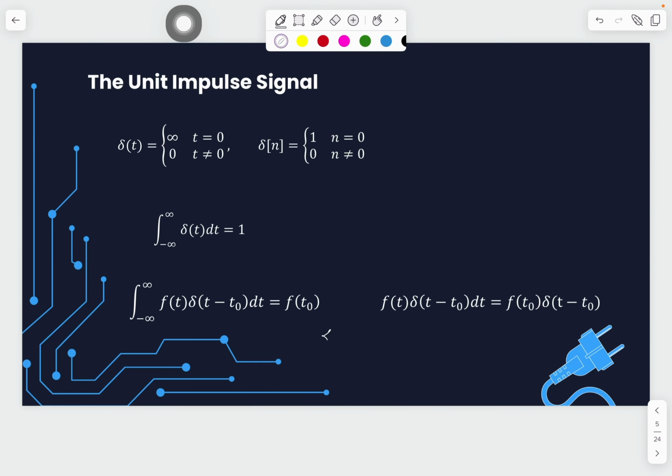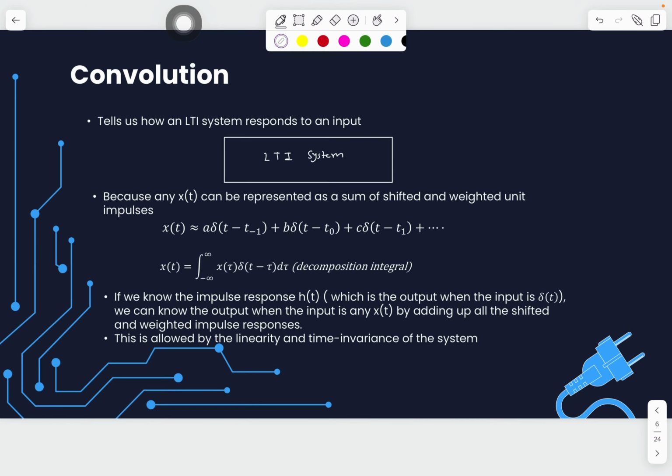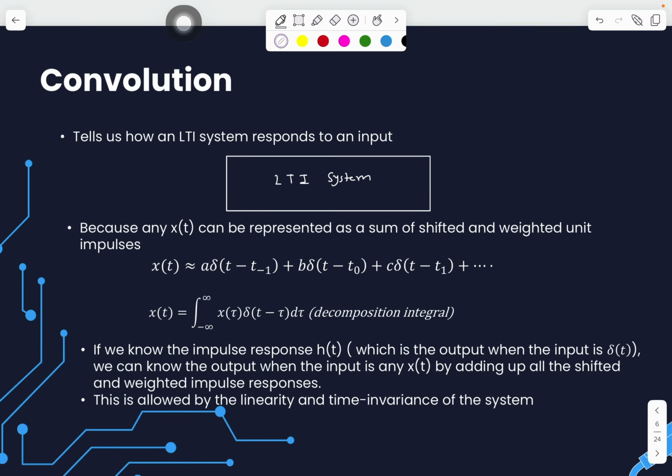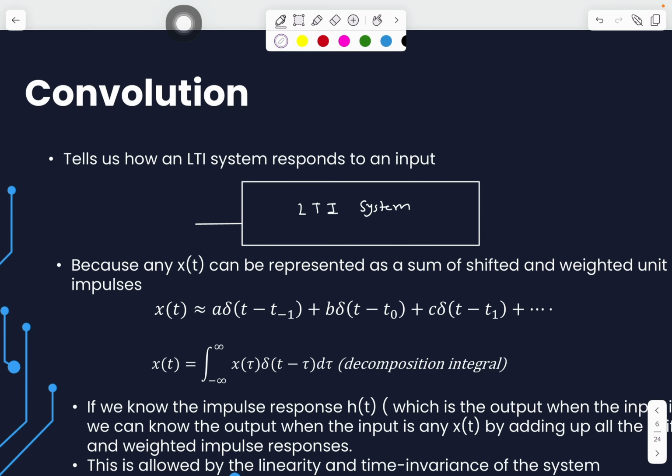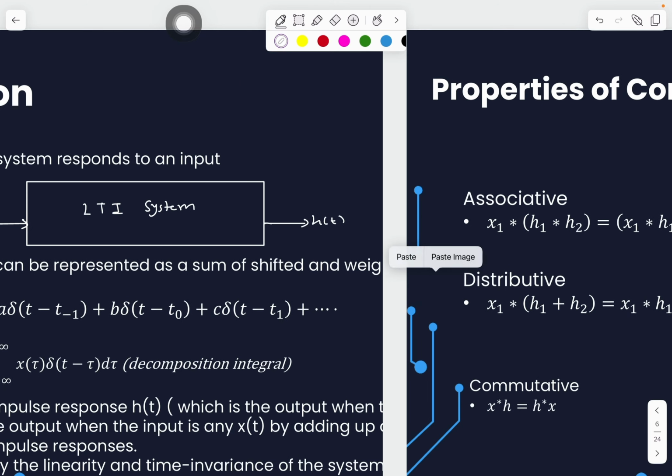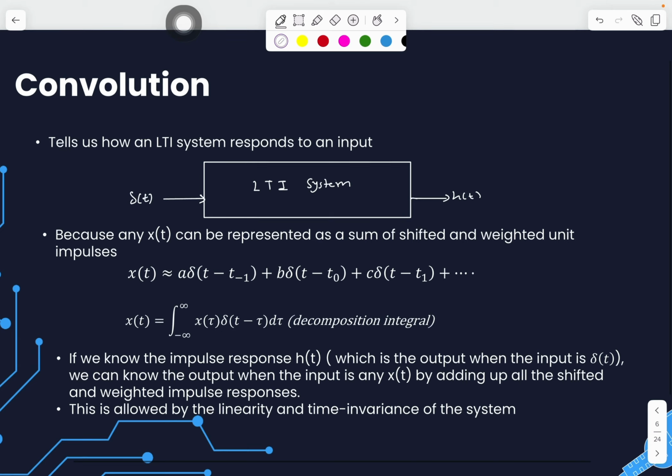And next, let us look at convolution in LTI systems. So convolution can tell us how an LTI system would respond to an input. If the input to an LTI system is delta t, the output will be h of t. Okay, h of t is known as the impulse response.